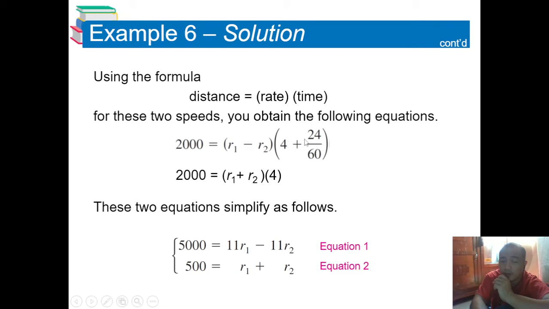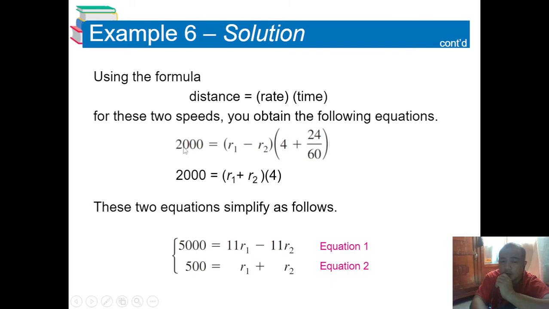So 4 plus 2 over 5 is 22 over 5. Then simplify: 5,000 equals 11 r sub 1 minus 11 r sub 2. For equation 2, divide both sides by 4, which is 500.